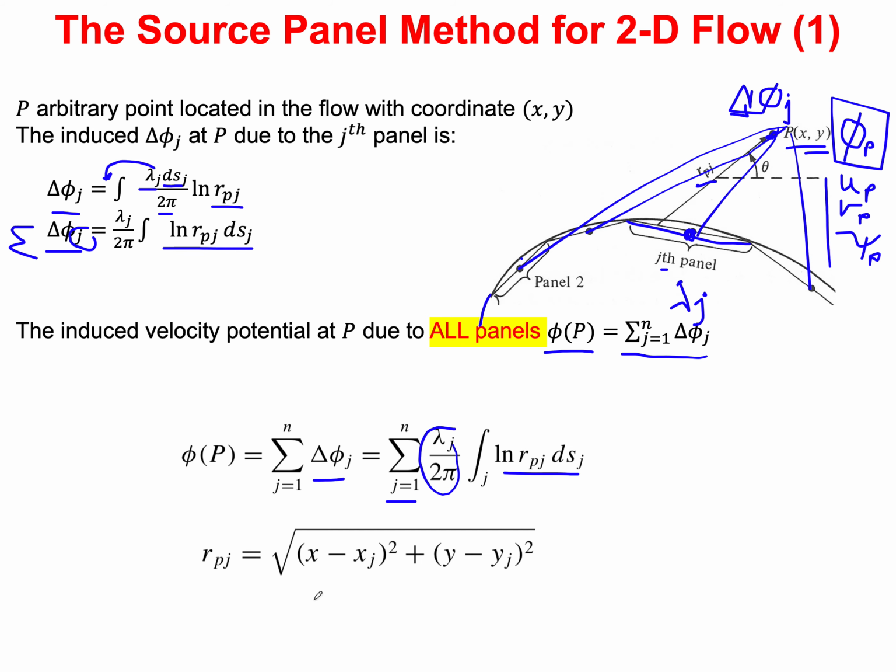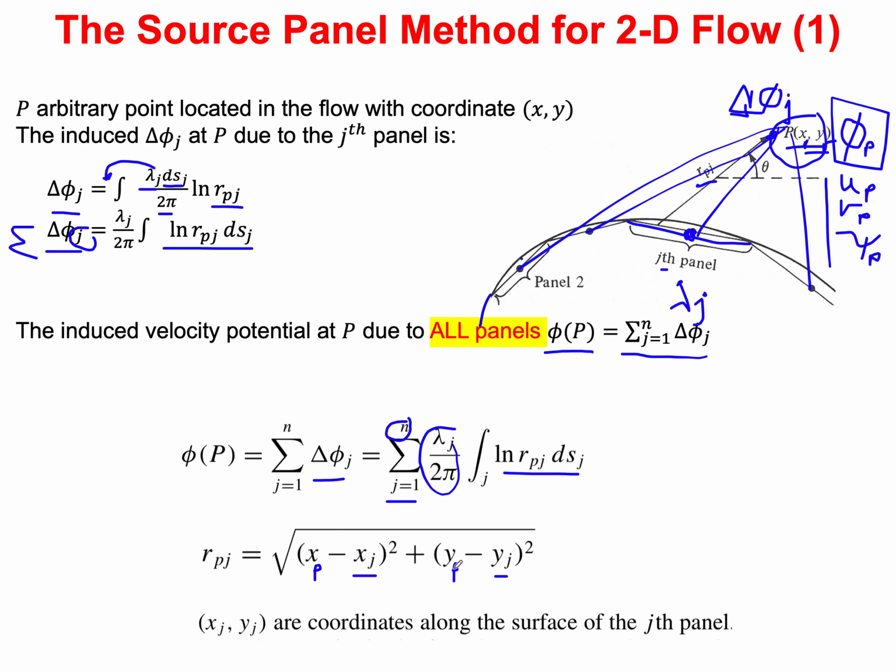And as we said, the distance is between the point P, which we're interested in finding what the velocity potential is at, that's point P, and so that's the xp and yp, and any panel that we are considering at the moment, so panel between 1 and n, so panel J.